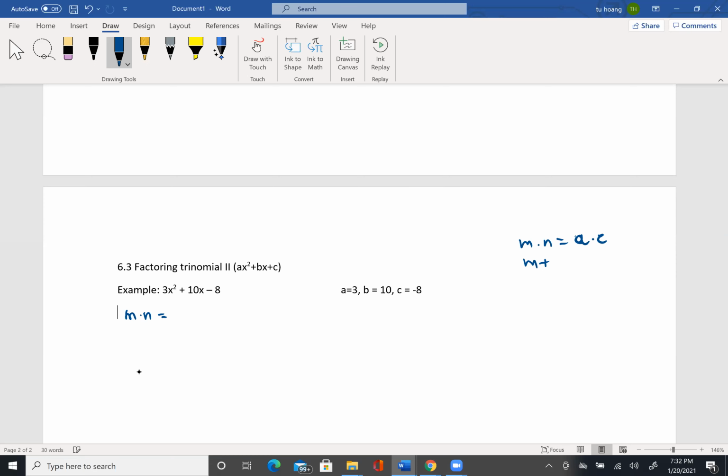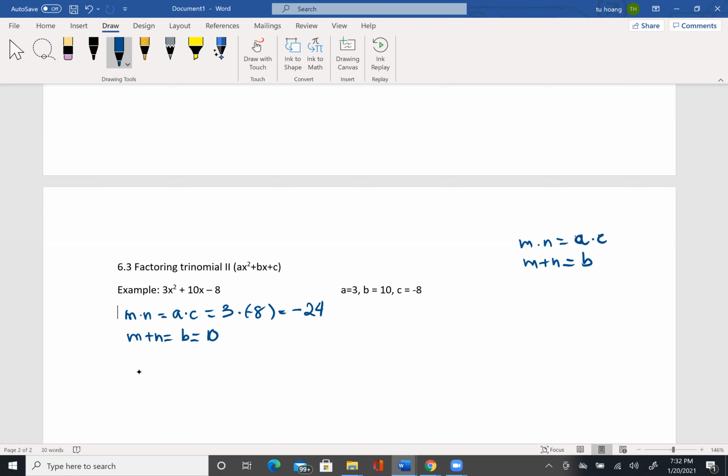So a times c equals 3 times negative 8, and what is that equal to? Negative 24. Okay, what else? I have m plus n equal to b, which equals 10.